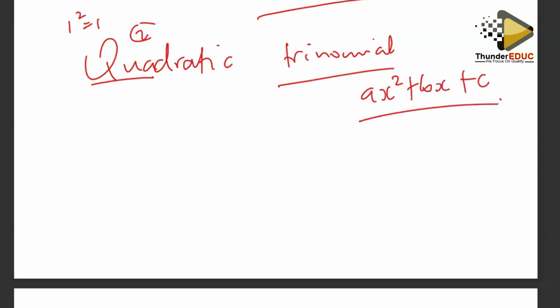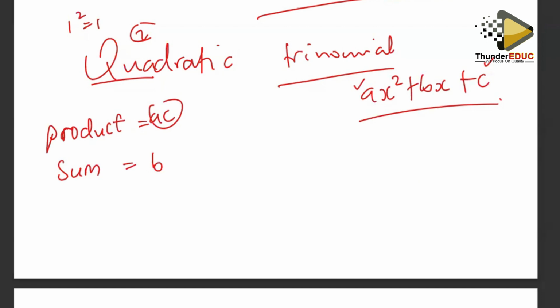We need to factorize something of this nature. So our point of interest will always be the product and also the sum. Talking about the product, if we have a and c, a multiplied by c will give us the product of the expression. And then b will represent the sum of the expression of the trinomial.